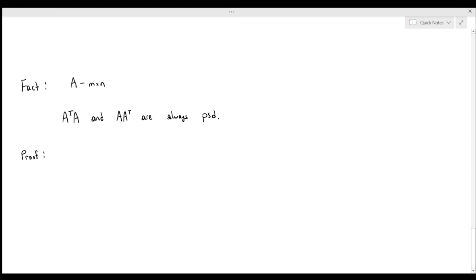All right, so to show that these matrices are positive semi-definite, I want to show that the eigenvalues are always greater than or equal to 0. I'll do it for A transpose A, and the proof for A A transpose will basically be the same. First, let's note that A transpose A is in fact a symmetric matrix.